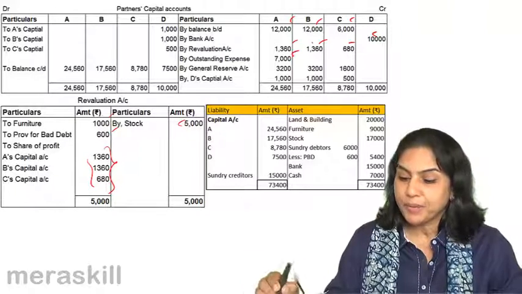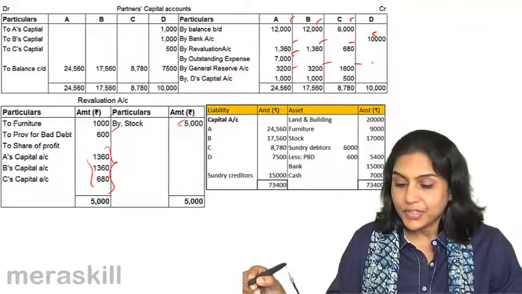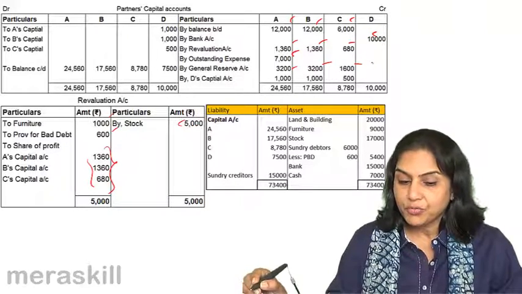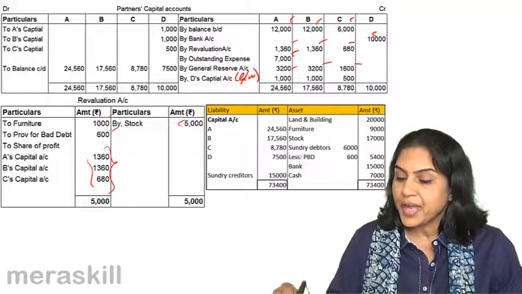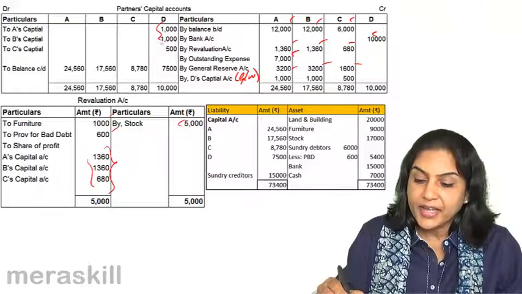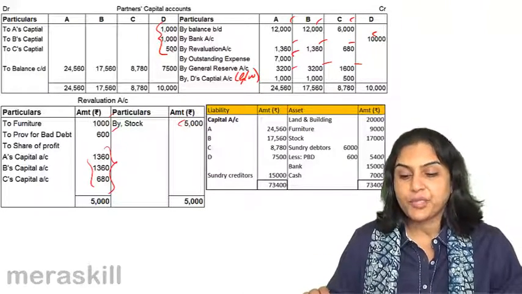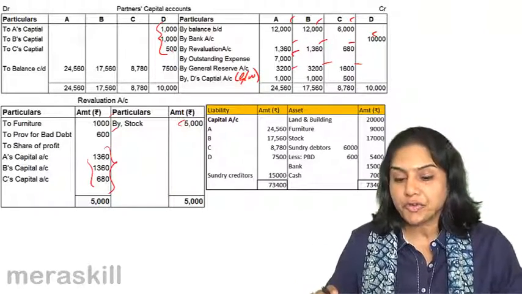Outstanding expenses were paid by A. General reserve was transferred. What else did we do? For goodwill. What was the entry for goodwill? A's account was credited by 1,000, B's 1,000 and C's 500 and D's was debited with 2,500 being his share in the goodwill of 15,000.